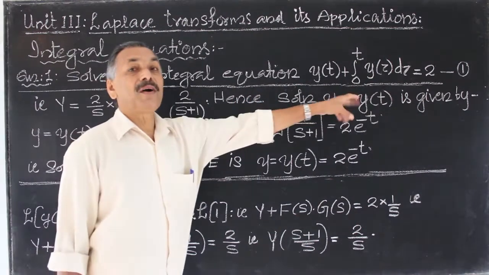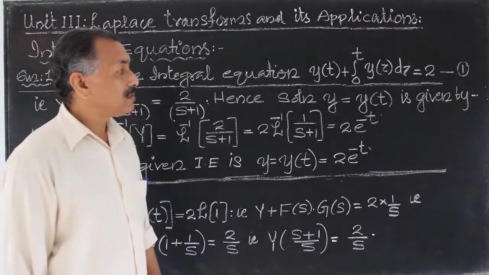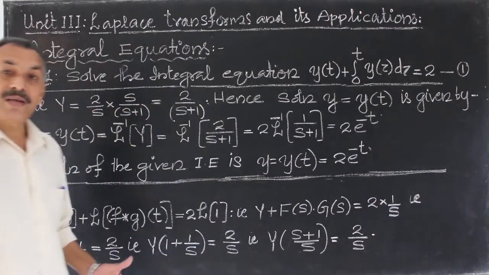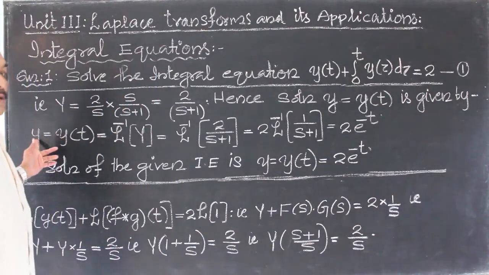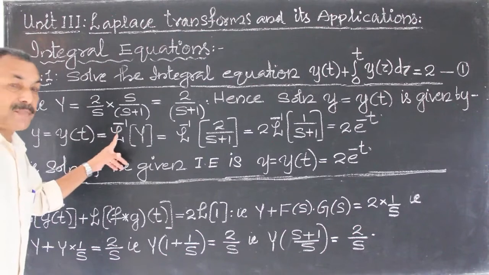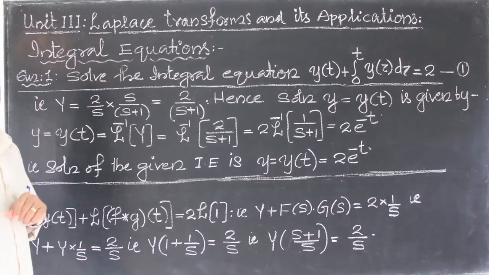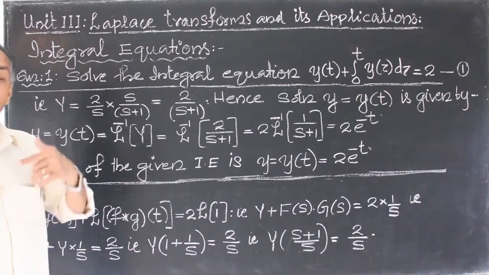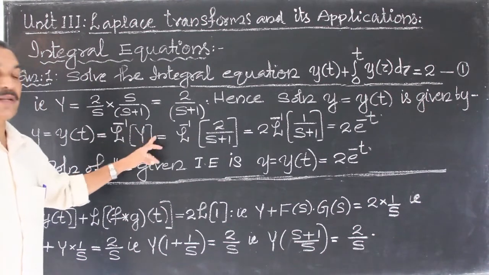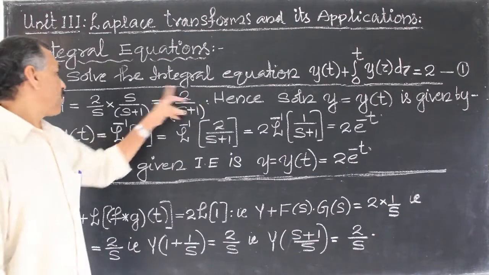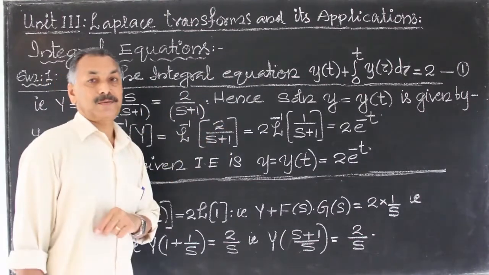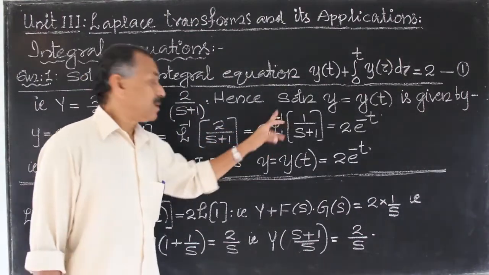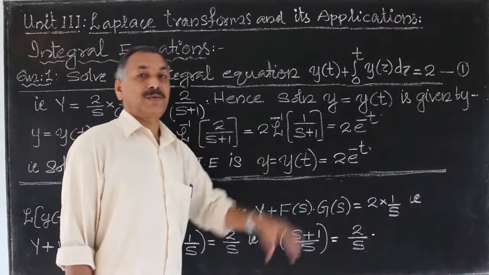Hence the solution y is equal to y of t, given by Laplace inverse of capital Y. Capital Y is the Laplace transform of small y, therefore small y is equal to Laplace inverse of capital Y. That is Laplace inverse of 2 divided by s plus 1, that is 2 into Laplace inverse of 1 divided by s plus 1.